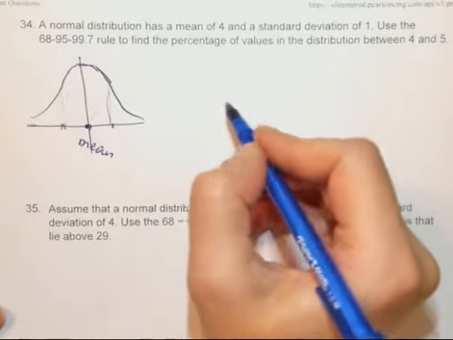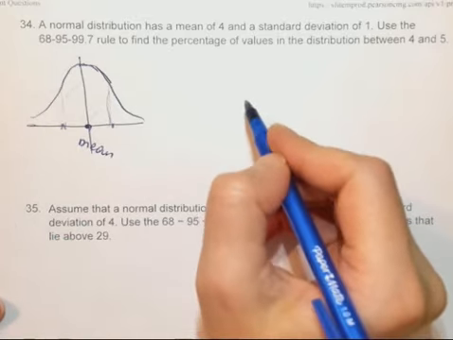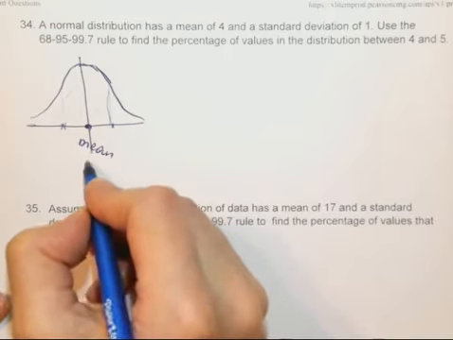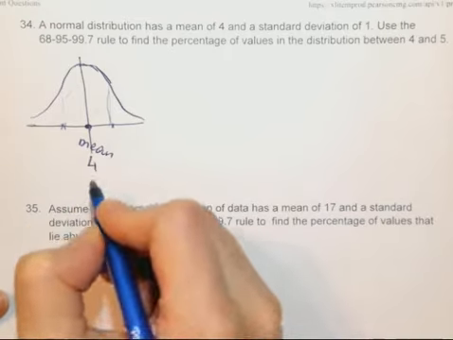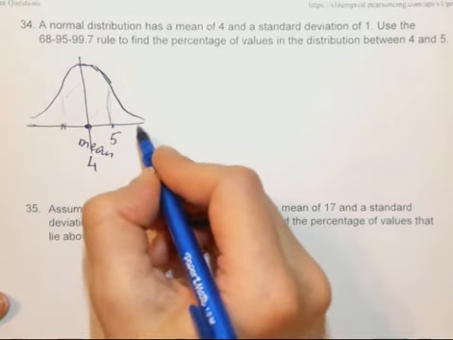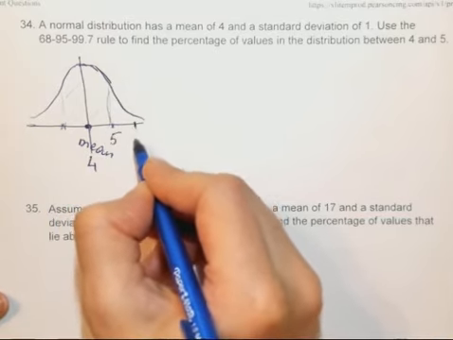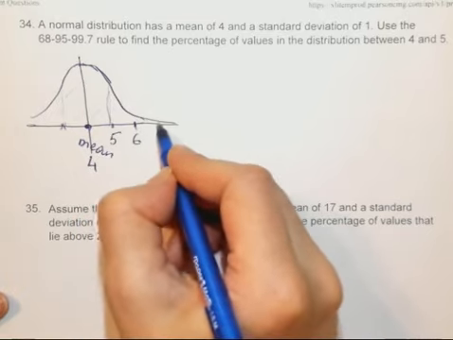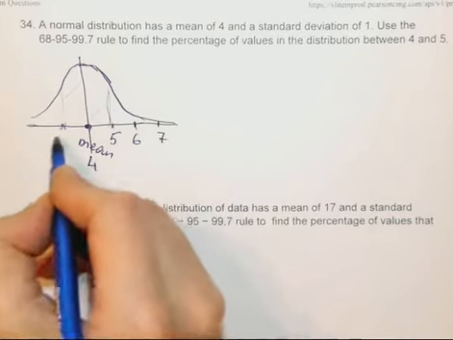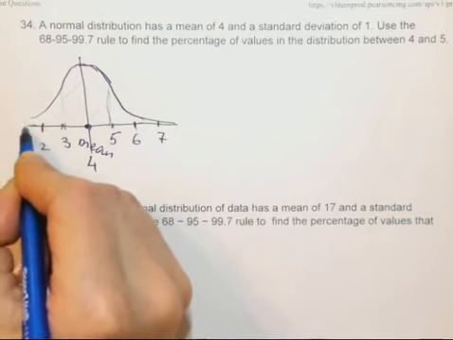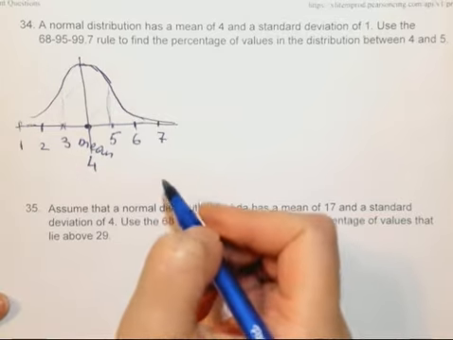So for our distribution, the mean is 4 and the standard deviation is 1. So this is 4, plus 1 standard deviation will be 5, plus 2 standard deviations will be 6, and 3 standard deviations will be 7. And to the left here will be 3, 2, and 1.